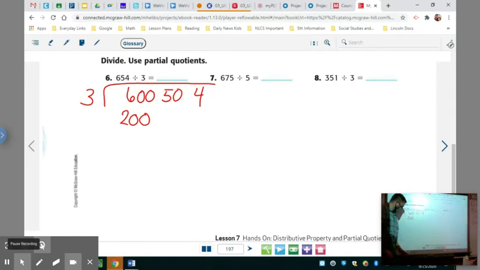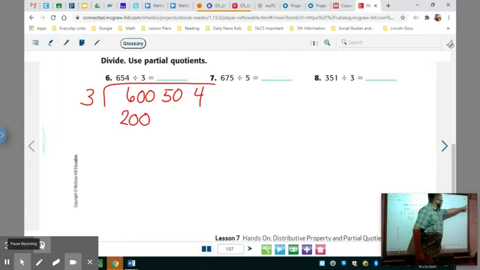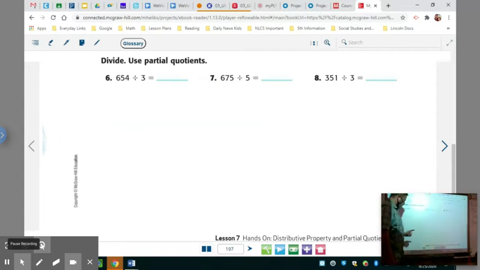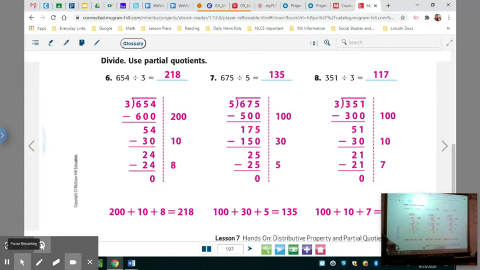So sometimes I think it's important that we see what they did here. They said 3 goes into 600 200 times. To subtract that, they changed this to a 30 because you can't round up when you do partial products.